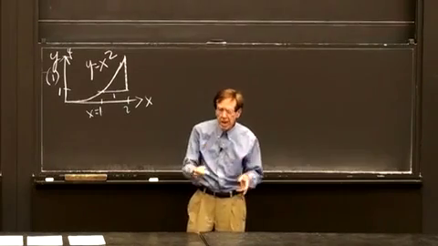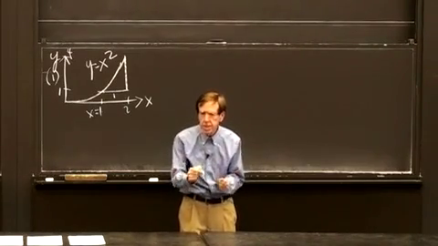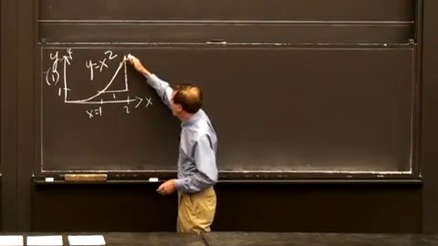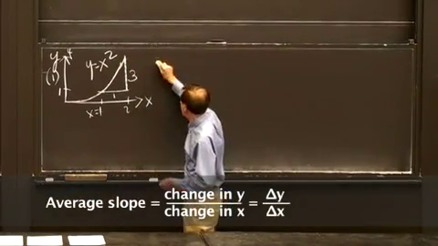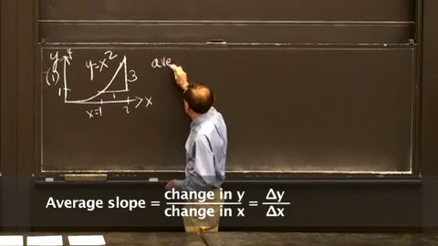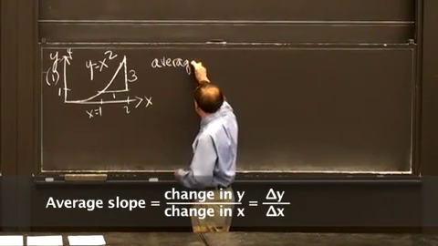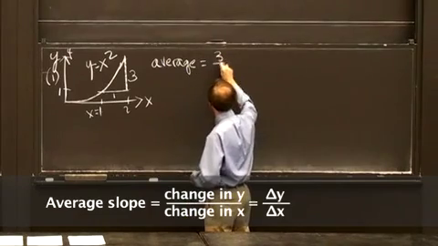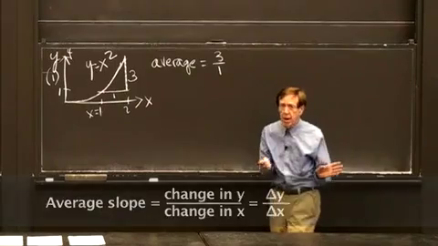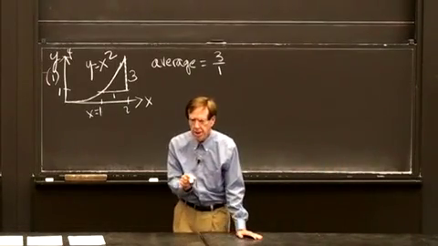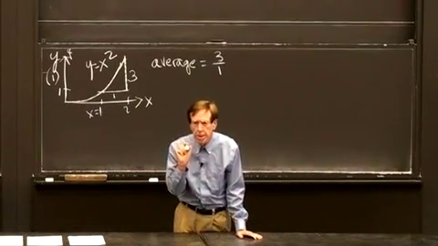Differences, derivatives, that's the connection here. So it's 4 minus 1, that is 3. So I would say the average is 3 over 1. But that's not calculus. Calculus is looking at the instant thing.